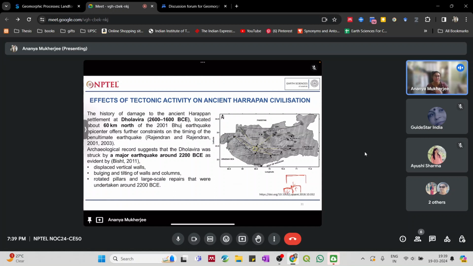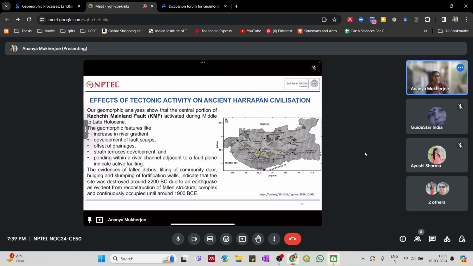Then you have bulging and tilting of walls and columns. So these are all the effects of stress release during earthquake, and rotated pillars and large scale repairs that were undertaken after the occurrence of these earthquake events. Then these are the archaeological findings.